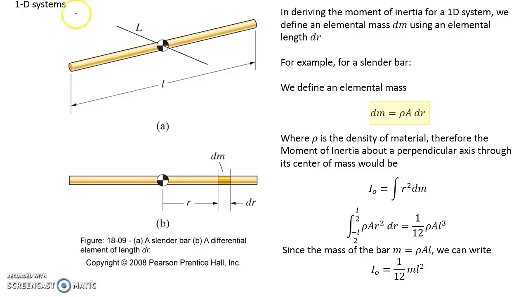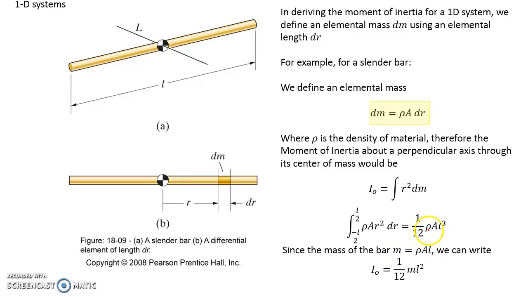So can we see that if we look here at this rho A L cubed, we could also rewrite it as rho A L times L squared. Therefore, we can substitute M for that rho A L term because we know M is rho A L.